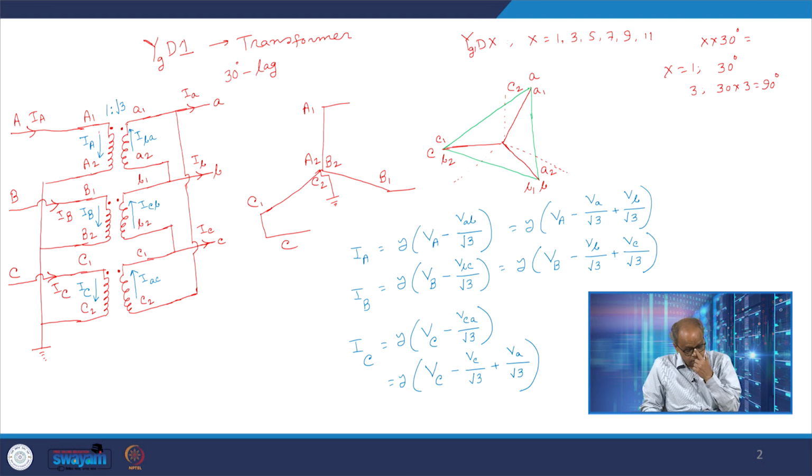Now we have to write down the equations of the currents at the secondary side. Now when I look at this, what is IA? I can write down that IA would be, at this point if I apply KCL, IBA is equal to IA plus IAC.